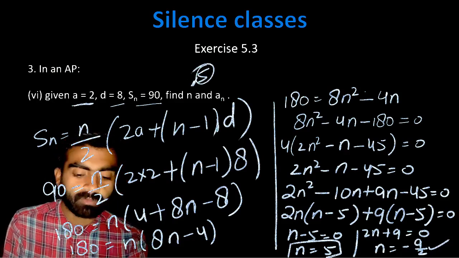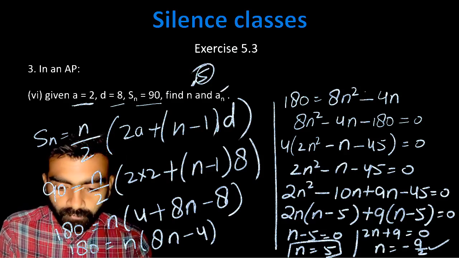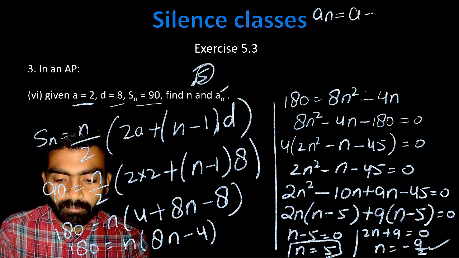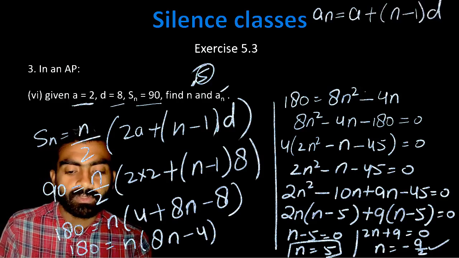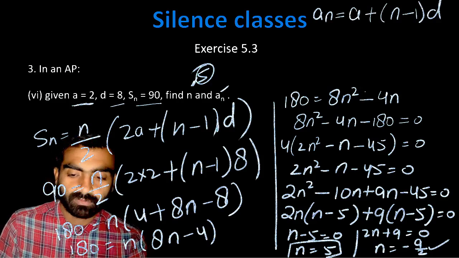Okay, now what we have to do, we have to find an. So we have to use the formula, that is an is equal to a plus (n minus 1)d. By using this particular formula, we can find the value of an.